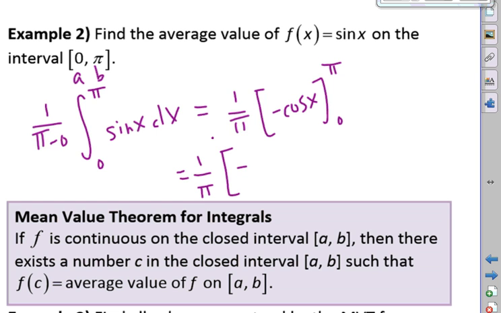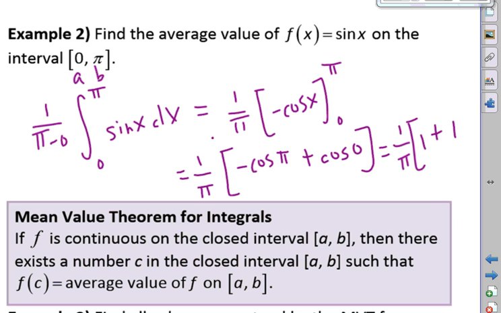So this is going to be negative cosine of pi minus negative cosine, which would become positive cosine at 0. And then if you calculated all of that, cosine of pi is negative 1, times a negative is a positive. So this is 1 over pi times positive 1 plus cosine of 0 is also positive 1. So 2 times 1 over pi is 2 over pi. So that would be the average value for sine on the interval from 0 to pi.